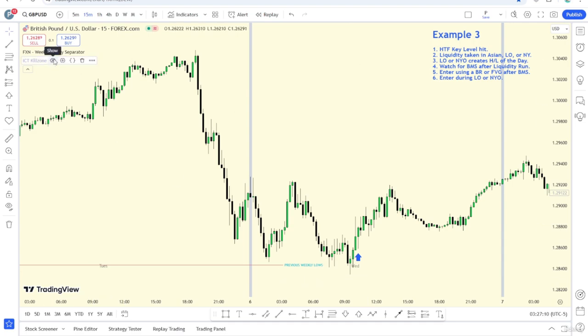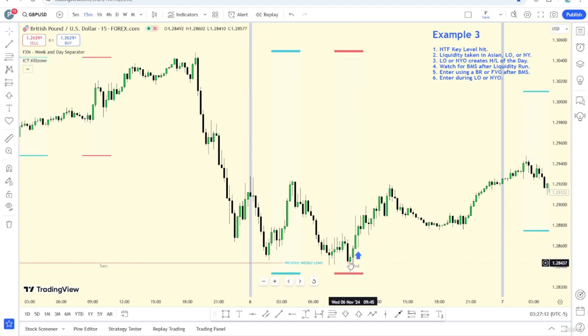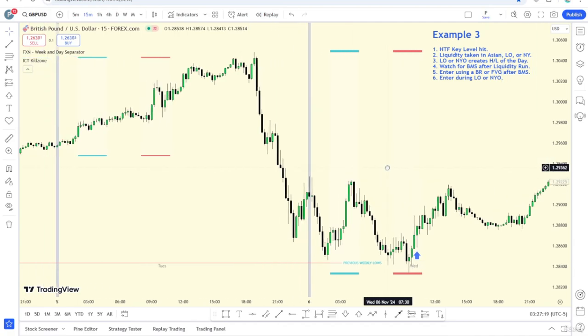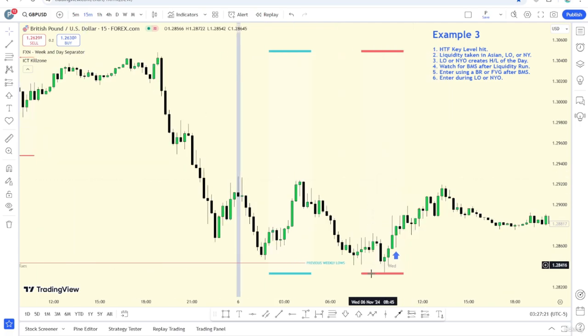So if you turn on the kill zone indicator, you can see actually this low was created within the New York session at 9:30 a.m. So from here you can see actually how the market came about to break structure. We're going to look at the 5 minutes chart, which is our setup execution chart, which we're going to use to execute.